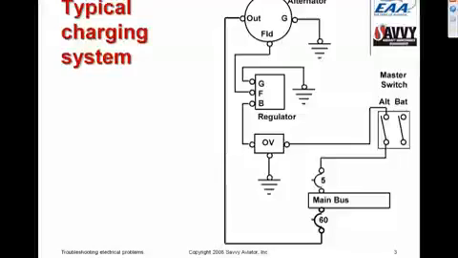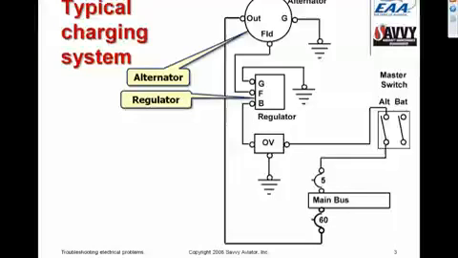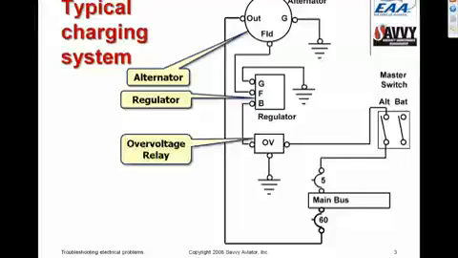This is a very simplified schematic diagram of a typical aircraft charging system. And as you can see, it's got a fairly small number of components: an alternator. I won't be talking about generator systems tonight, but they're relatively similar. A voltage regulator, that supplies field current to the alternator and varies that field current to maintain constant alternator output voltage.